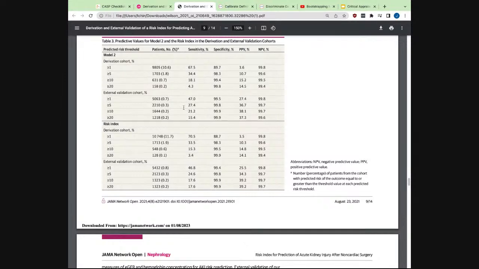It looks like the sensitivity is fairly low, but they're very specific. So if somebody uses this AKI risk score and says, oh, this person doesn't have AKI, then you know it's very accurate, it's very specific, but you may not detect all the AKI, which in this case sometimes will be good enough because you are trying to predict somebody who can get AKI and not just treat everybody.